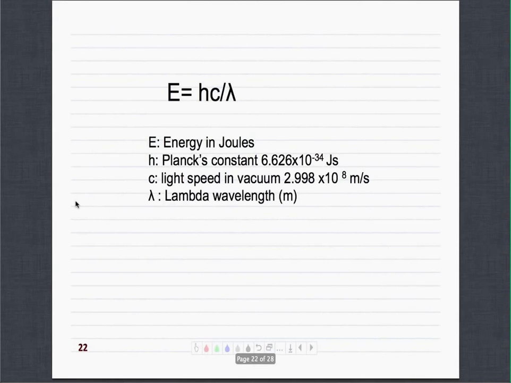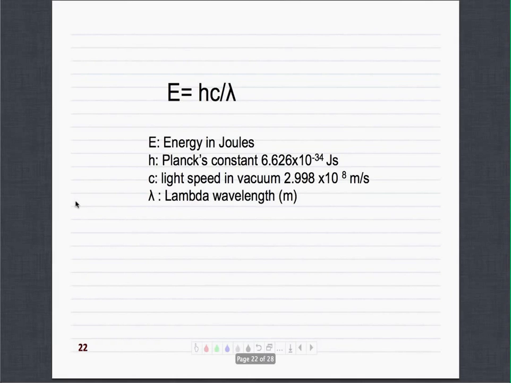So the energy equals hc over lambda. So this is the energy. h is Planck's constant and will be given to you in the exam. c is the speed of light. It will be given to you during the exam, and lambda is the wavelength. So if you know the lambda, you can calculate the energy.